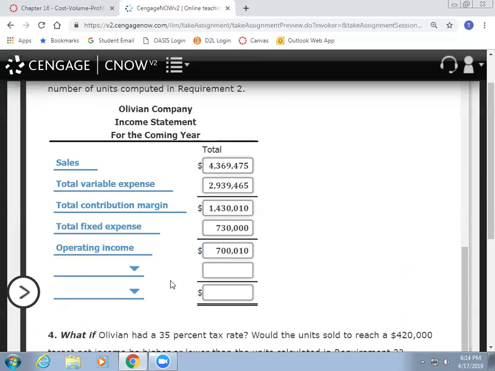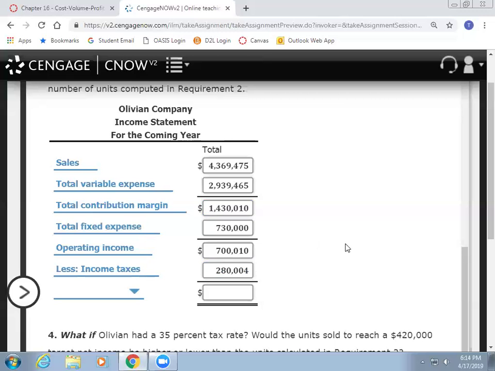Then we take less income taxes. Well, the tax rate was 40%. So $700,010 times your 40% tax, you should get income taxes of $280,004.